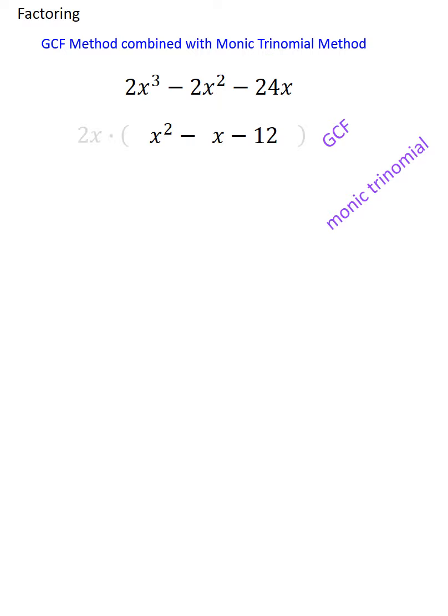You see, this x squared minus x minus 12 is factorable into x plus 3 times x minus 4. And just to convince you of that, notice this times this is negative 12, and this plus this is negative 1.